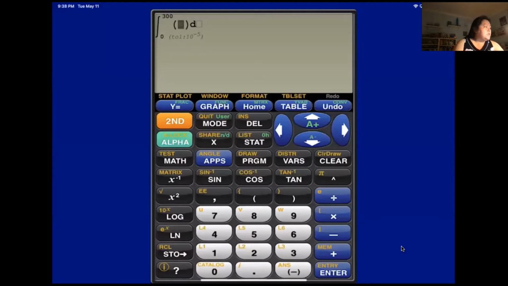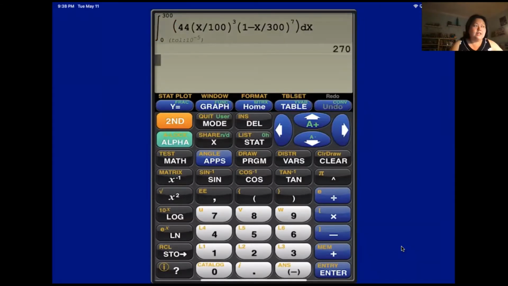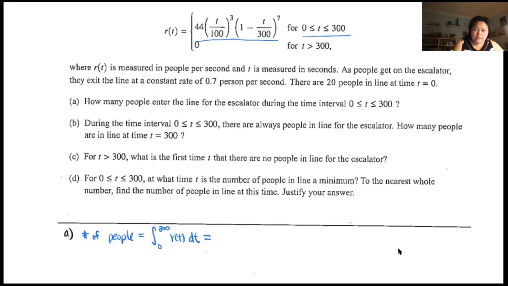Our r of t is 44 times (t over 100) cubed times (1 minus t over 300) to the 7th power, dt. Okay, so enter. That is beautifully 270. So the number of people in the interval between 0 and 300 is 270 people.